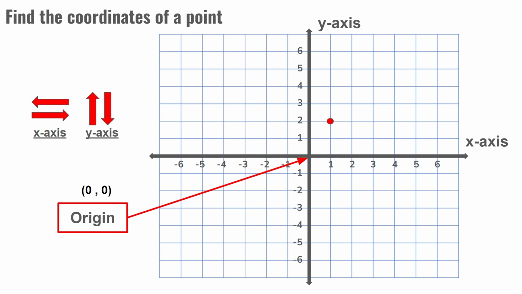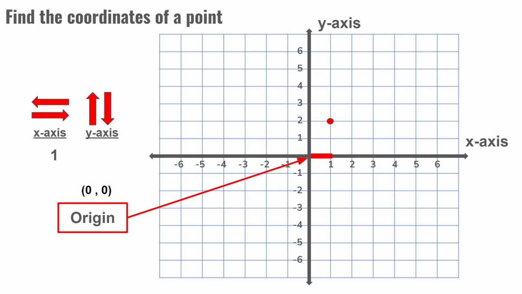So, which direction should we move, and how many spaces should we move in that direction? That's correct. We need to move one space to the right, which is the positive direction. This means the first number in the coordinates for the point is positive 1. And next, we need to move along our y-axis in the direction of the point, which means we can only move up or down.